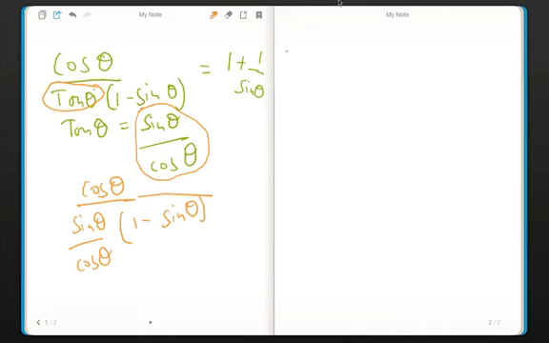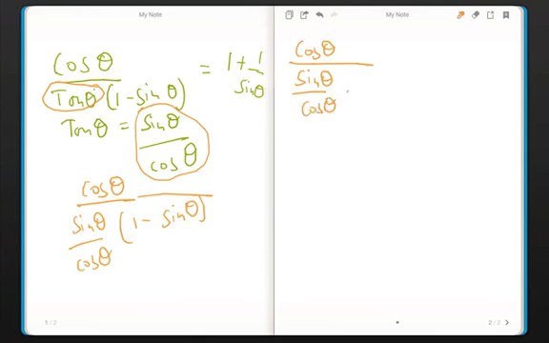So going to the next page, we have cosine of theta divided by sine theta cos theta minus sine squared theta by cos theta, and this should equal 1 plus 1 by sine theta.